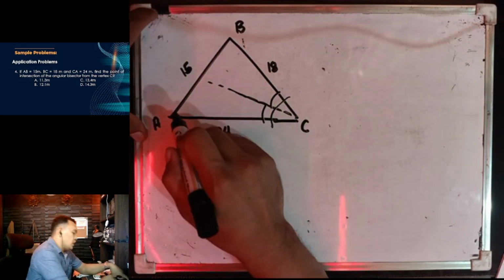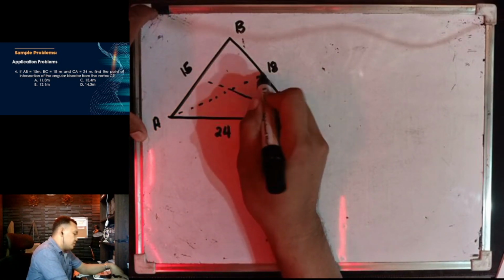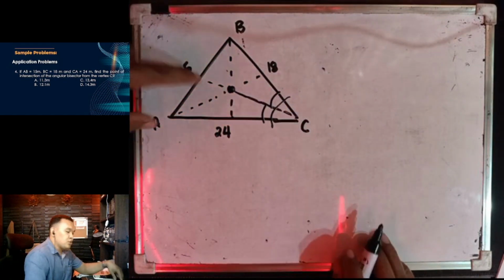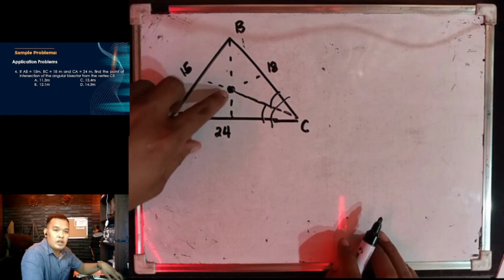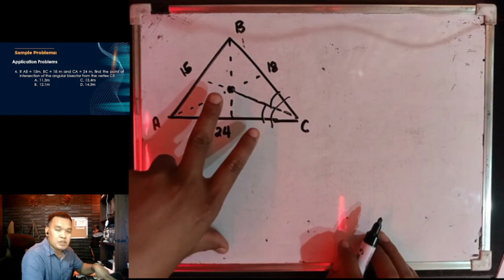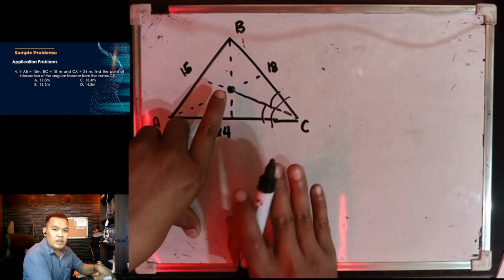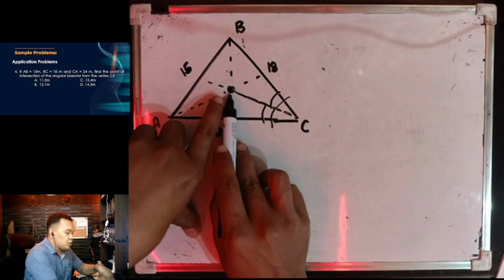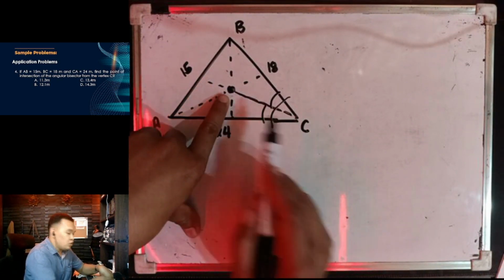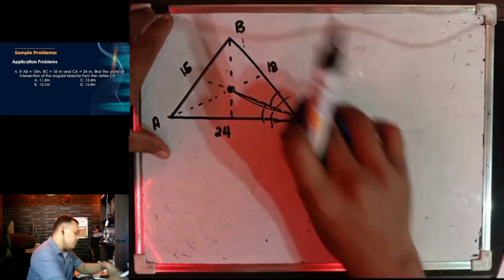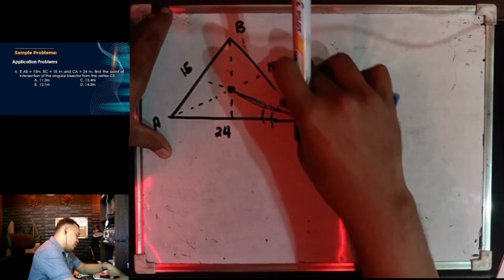Kung ano yung intersection, yun po yung intersection ng ating bisector. Ang pinapahanap is yung length ng point of intersection papunta sa vertex C. So, ang pinapahanap dyan ay itong length na to.